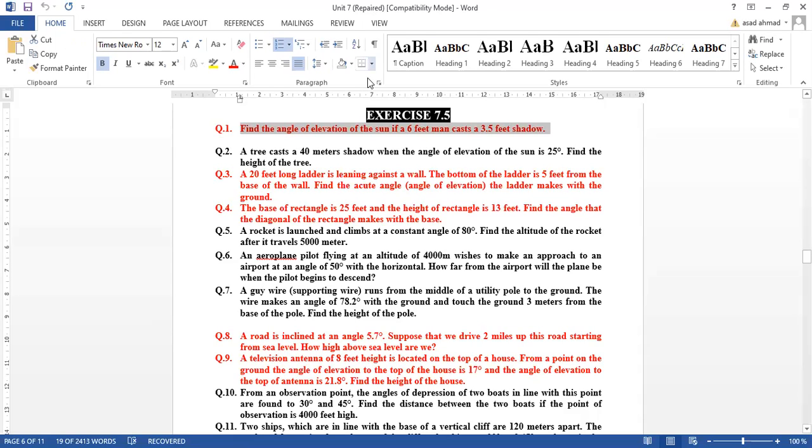First of all, we will draw the diagram. So how to draw the diagram? Let's suppose this is the height of the house, and we will complete a little bit of it just like this one.